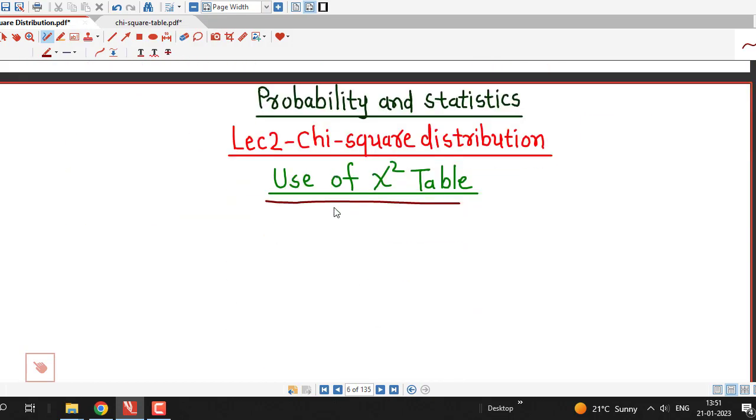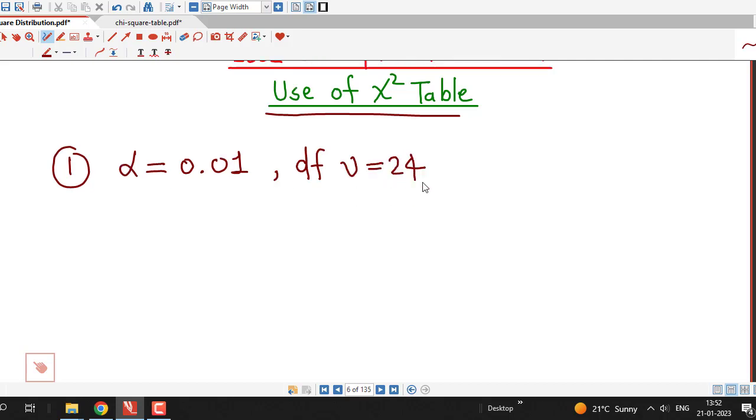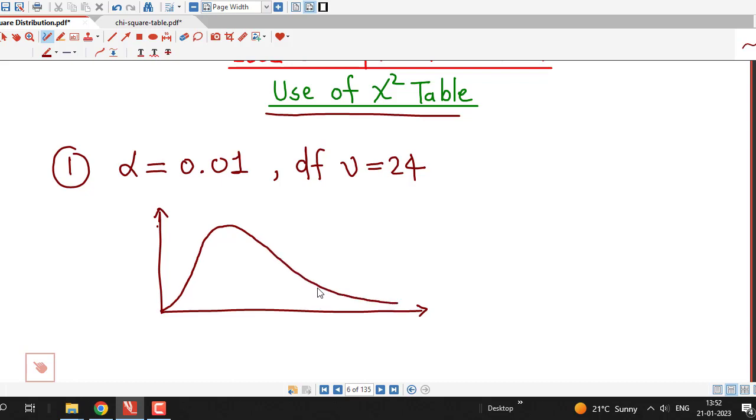With this in mind, we try to find some critical values for given values of alpha and degrees of freedom. Suppose alpha is 0.01 and we consider degrees of freedom nu equal to say 24, and suppose we are interested in the chi-square critical value such that the area to the right side of that critical value is alpha.